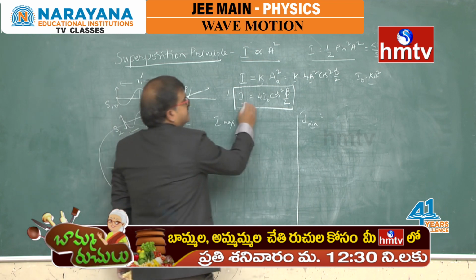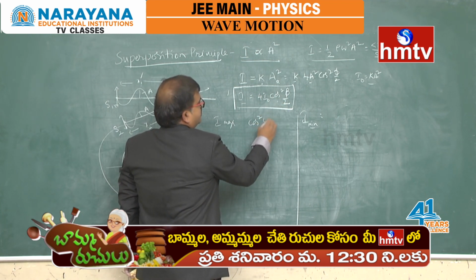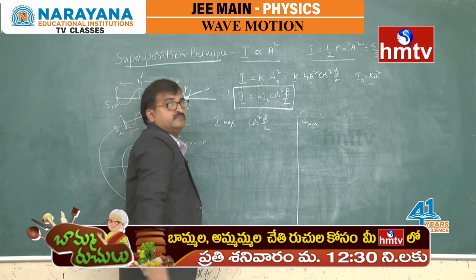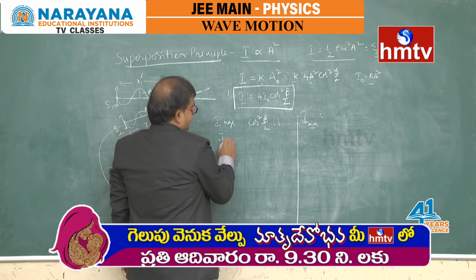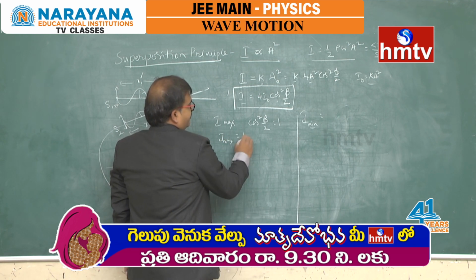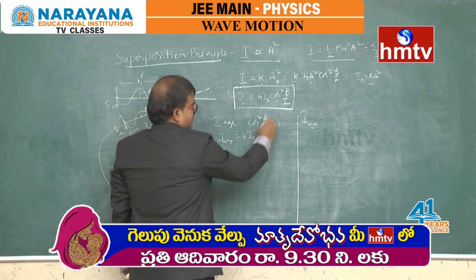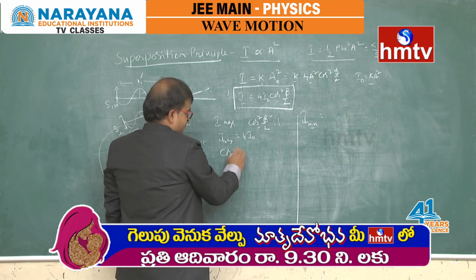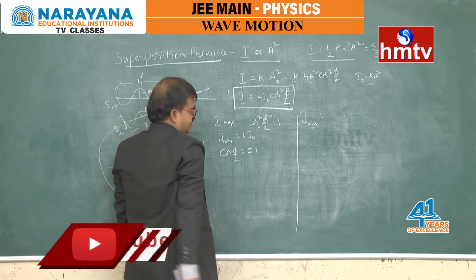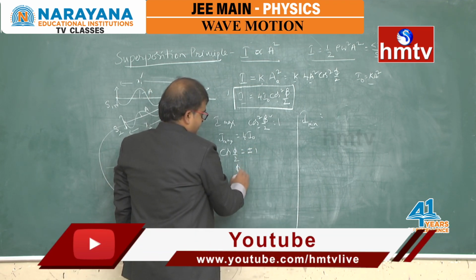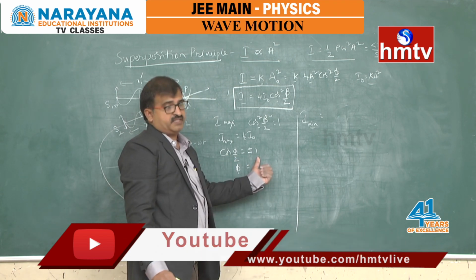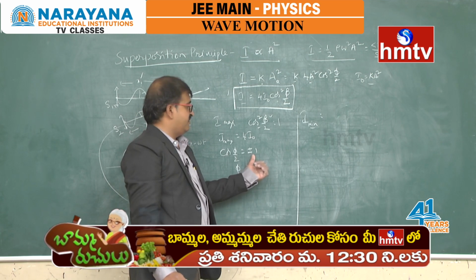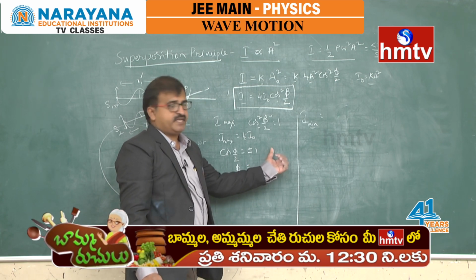For I maximum, cos square phi by 2 must be maximum, that is 1, so that I maximum is equal to 4I0. So cos phi by 2 becomes plus or minus 1, and hence the cos value is plus or minus 1 for all possible values of 0, pi, 2 pi, 3 pi and so on.